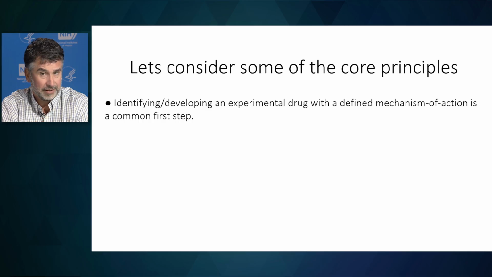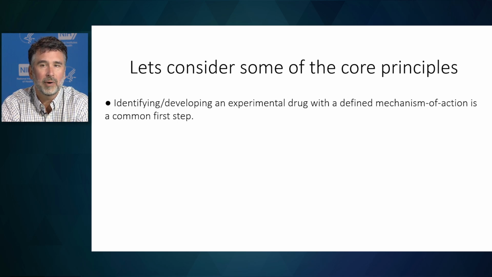Almost exclusively, that process begins with defining a specific mechanism of action. So these scientists, and these are high-level practitioners of this type of science that do this and do this well, are going to be looking for a drug, a small molecule, a biologic, which inhibits an enzyme or activates a receptor. That's the defined mechanism of action.